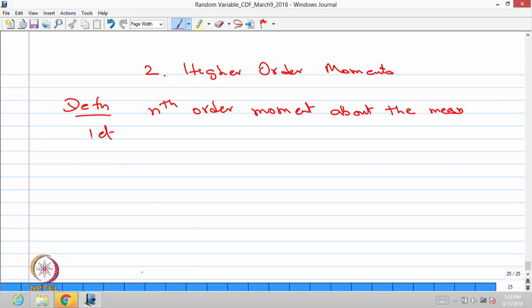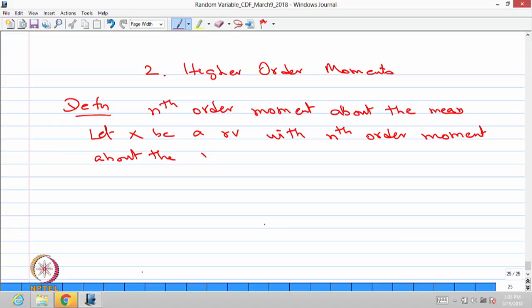Let x be a random variable with nth order moment about the mean value exist.